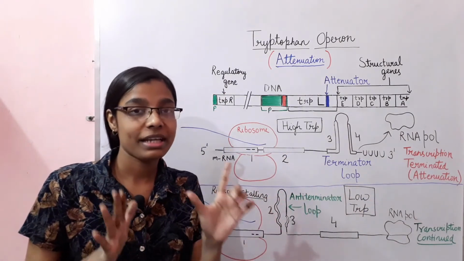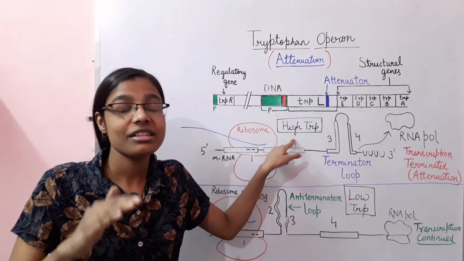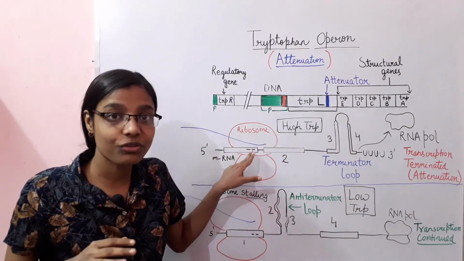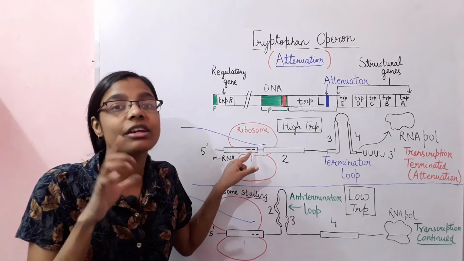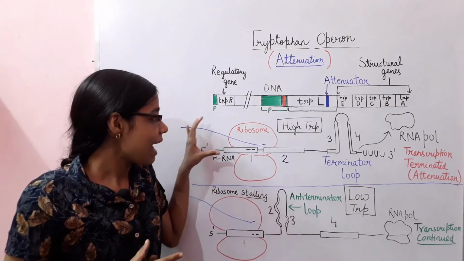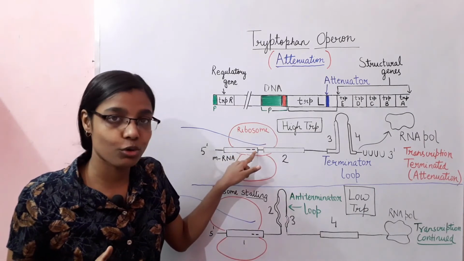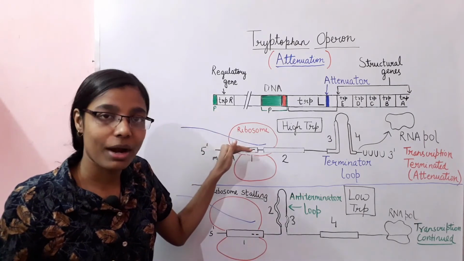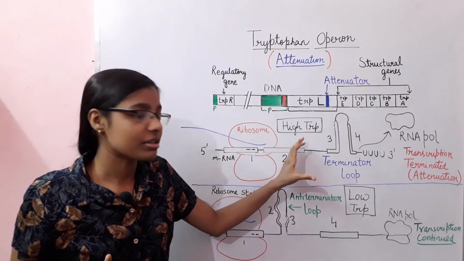So the main point here is that when the tryptophan levels are high, the charged tRNA will quickly carry that tryptophan, because there is a need of tryptophan in this region, as the 10th and the 11th codon encode for tryptophan. During translation, as the ribosome reads this region, the charged tRNA will quickly come and provide the tryptophan, due to which the ribosome will quickly move towards region 2.